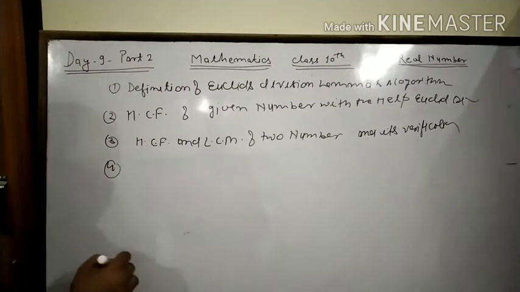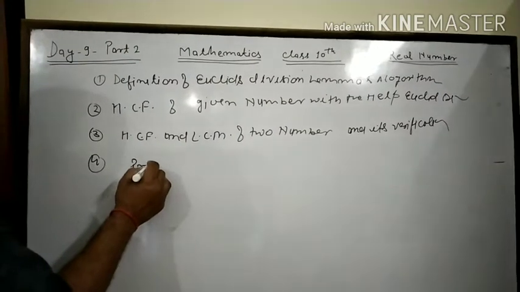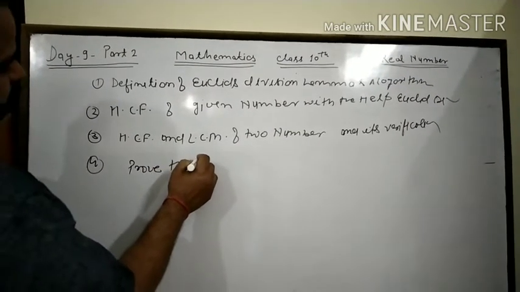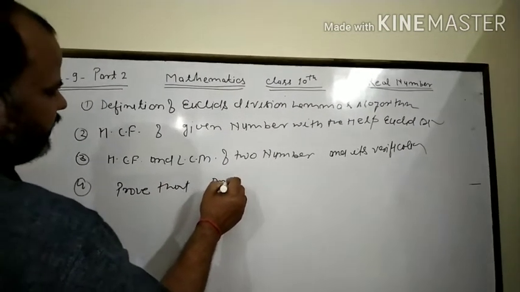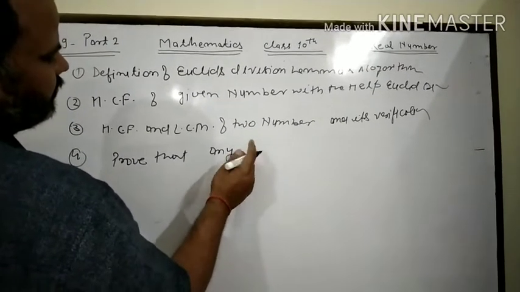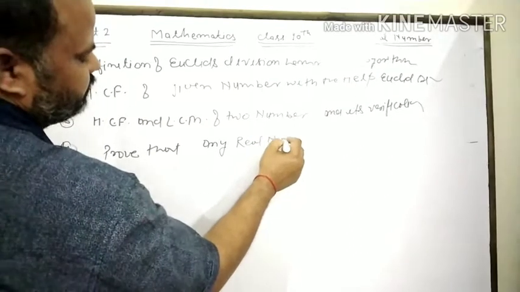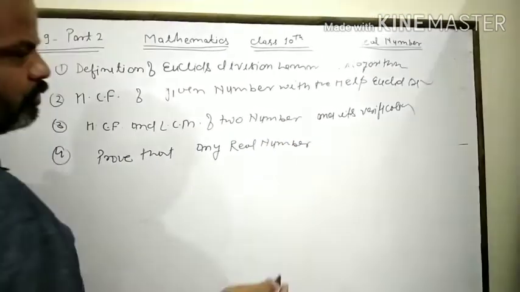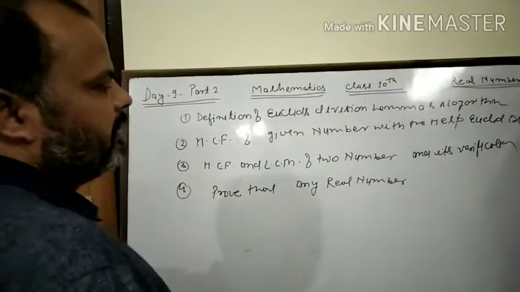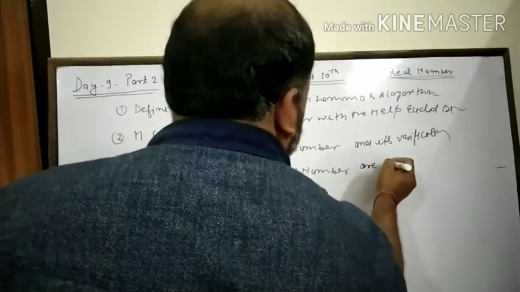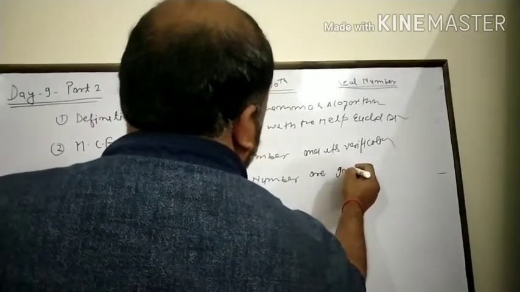Fourth question, prove that any real number which is given, like root 2, root 3, root 5, root 7, is an irrational number.